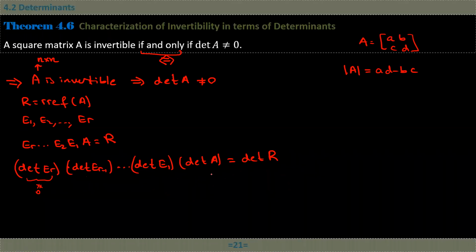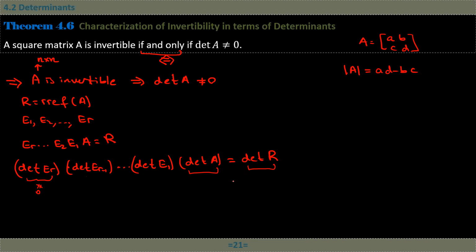So that means that here, for determinant of R to be 0, this determinant of A must be equal to 0. That means that if determinant of A is equal to 0, then the determinant of R equals 0. Otherwise, if this one is not equal to 0, this one is not equal to 0. Right?